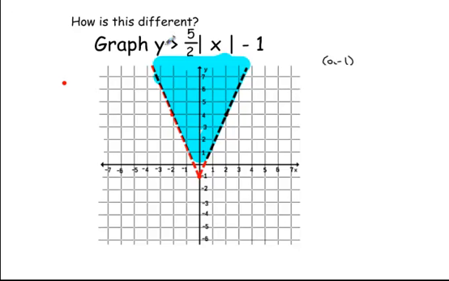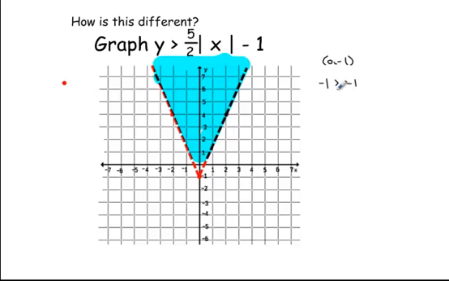And if I check 0, negative 1 in this inequality, the negative 1 is my y. And I'd have 0 times 5 halves is 0, and then minus 1. So is it true that negative 1 is greater than negative 1? No, it's not. If the equal sign had been in there, negative 1 greater than or equal to negative 1 is true because of the equal part.